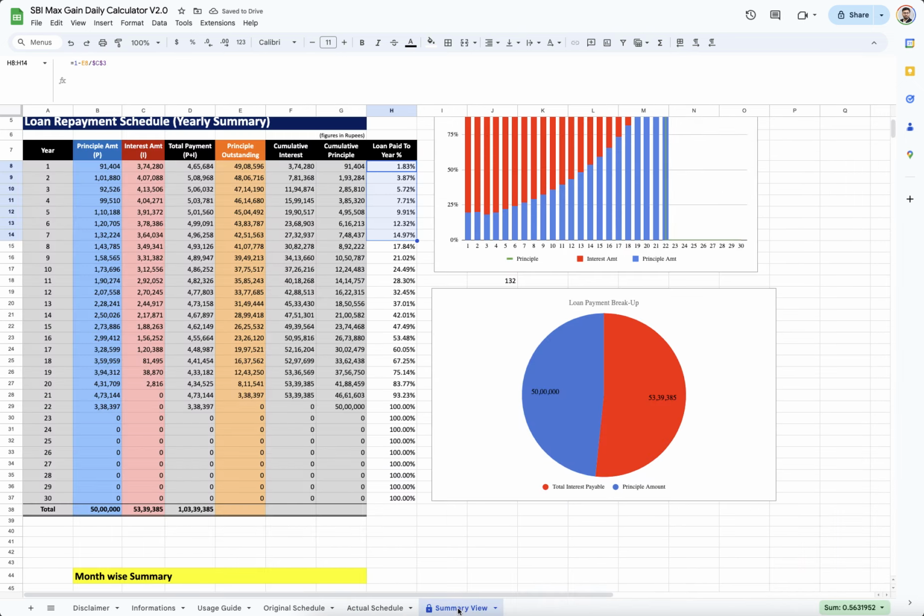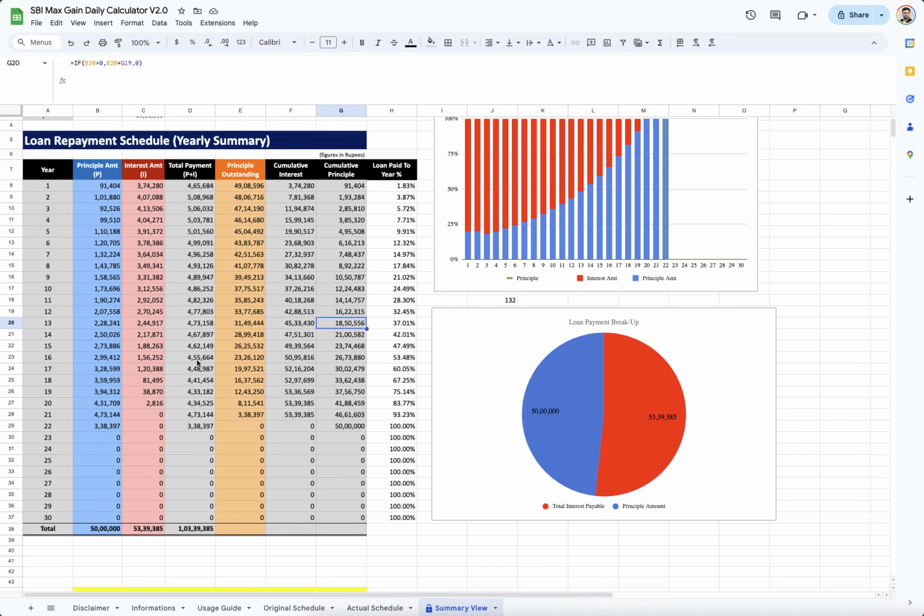This way we will be able to see the graph getting updated further here. Doing so, in years 21 and 22 it is becoming zero.